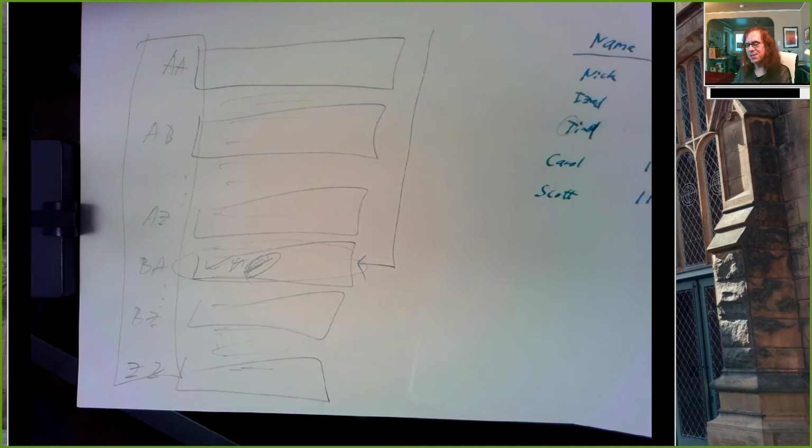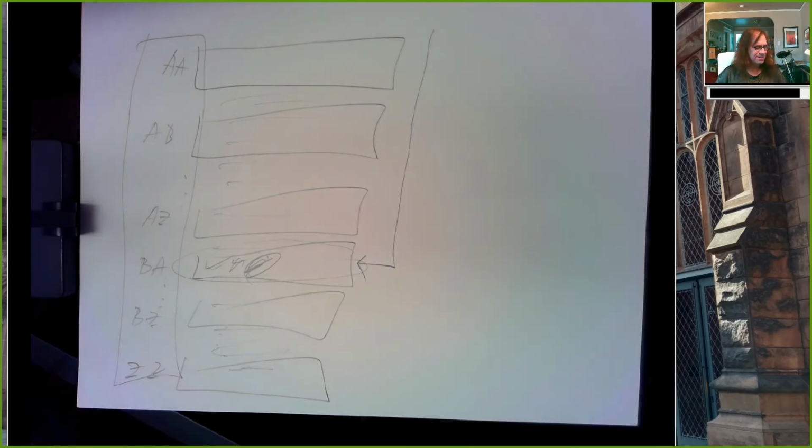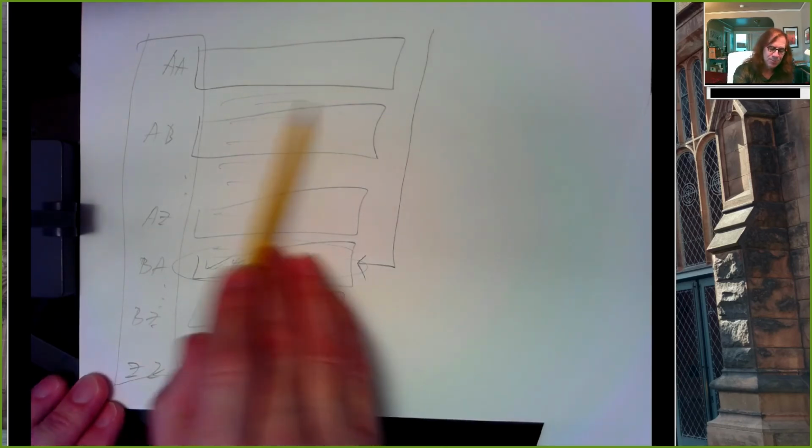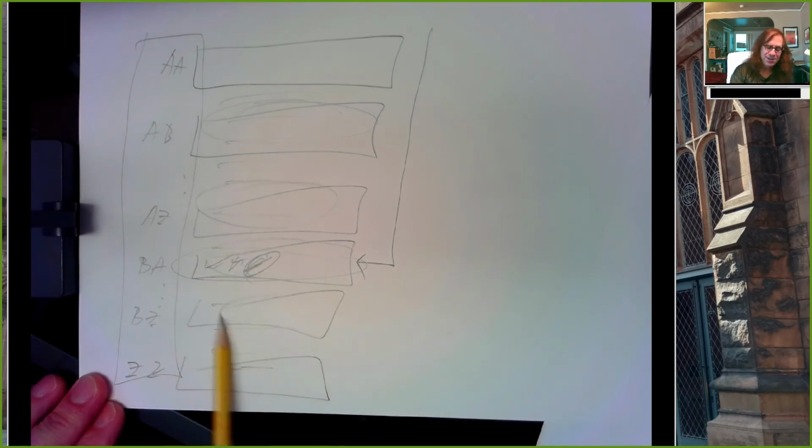So if you know me in the way that I like twisty-turny things, you can probably guess where this is going. If we suppose the longest name has 20 letters, why not make 26 to the 20th arrays and have basically one array for each possible name?